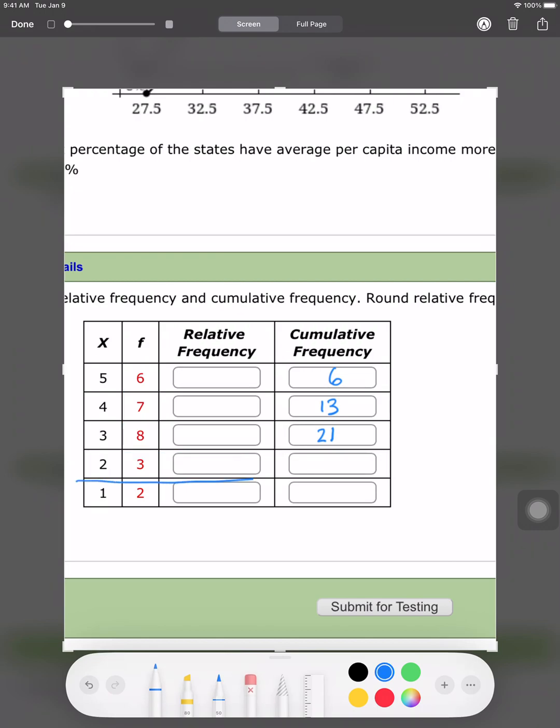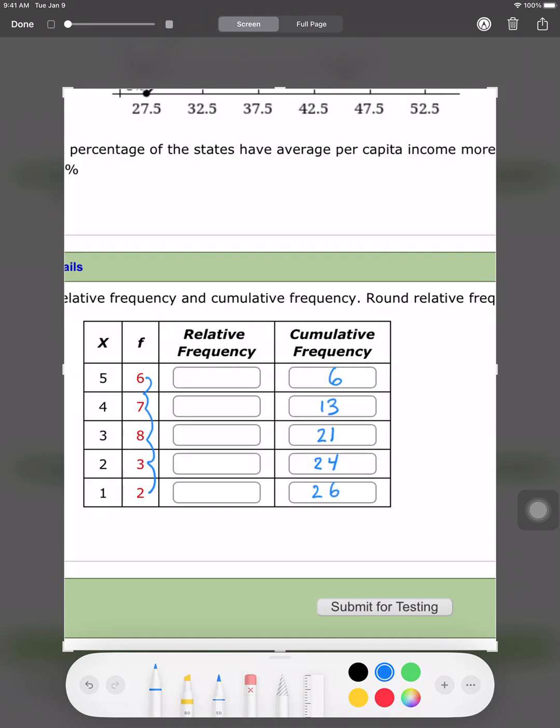The next one, add 3. 6 plus 7 plus 8 plus 3 is going to be 24. And then the last one, 6 plus 7 plus 8 plus 3 plus 2 is going to be 26. And so that completes the first piece of the table.